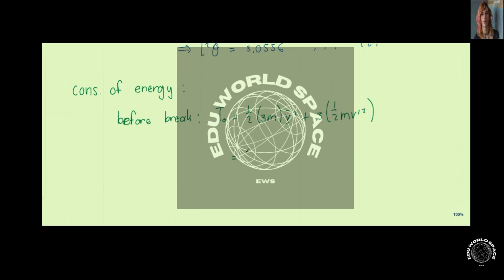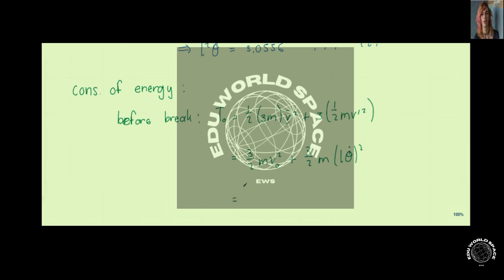This simplifies to 3 over 2 m v naught squared plus 3 over 2 m, where v prime squared is L theta dot all squared.